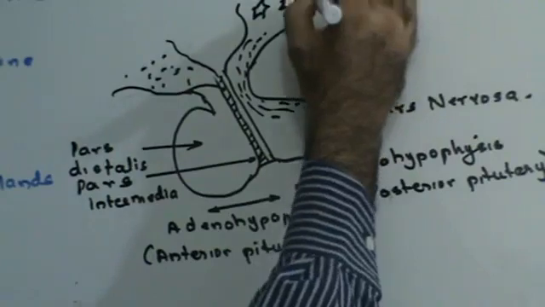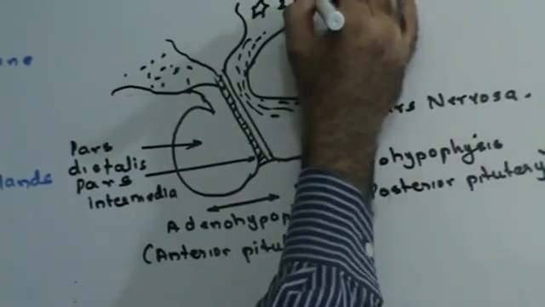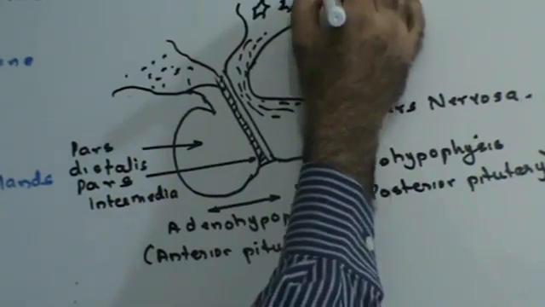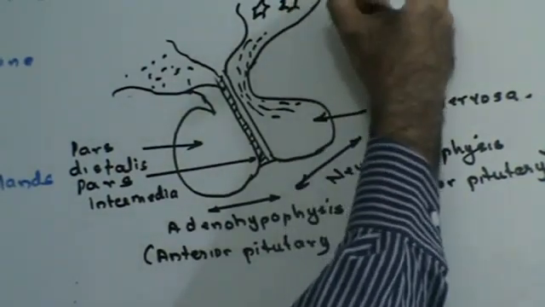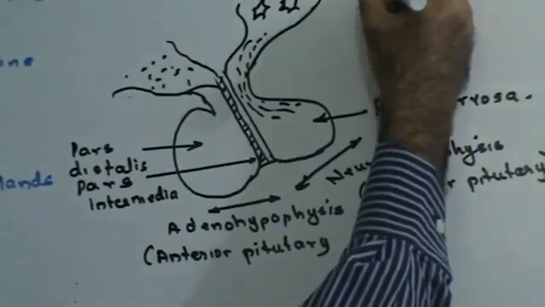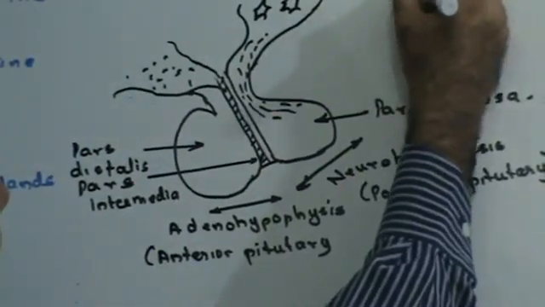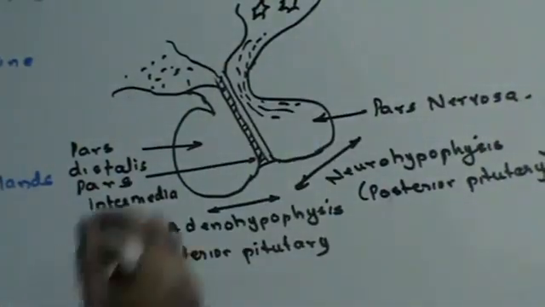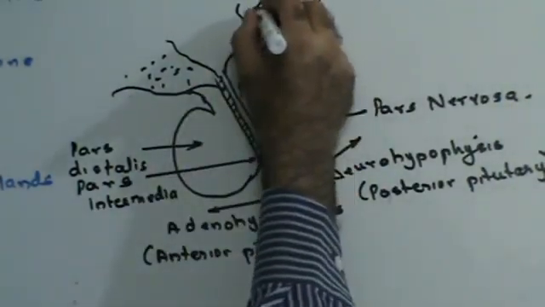This here is my hypothalamus. These are the neurosecretory cells.